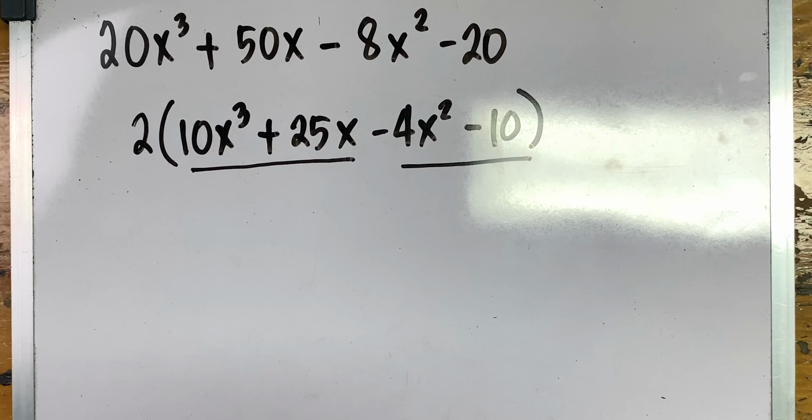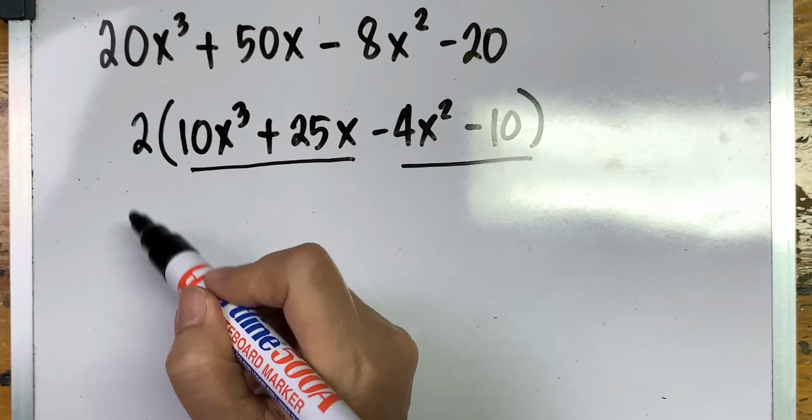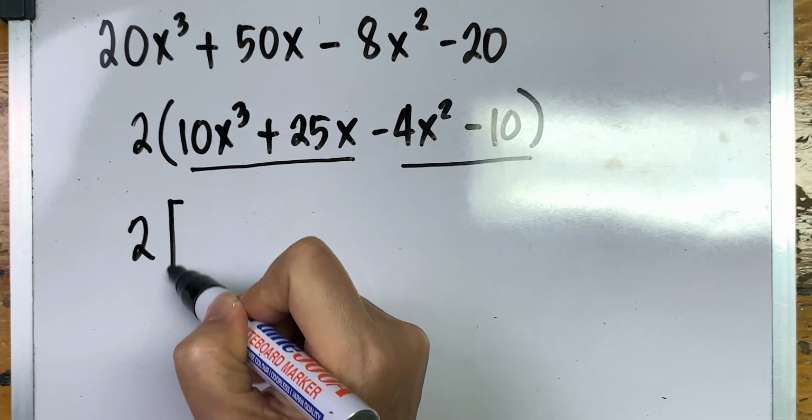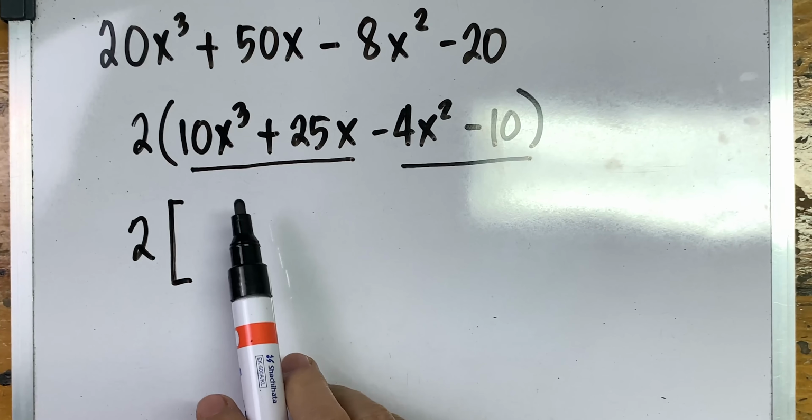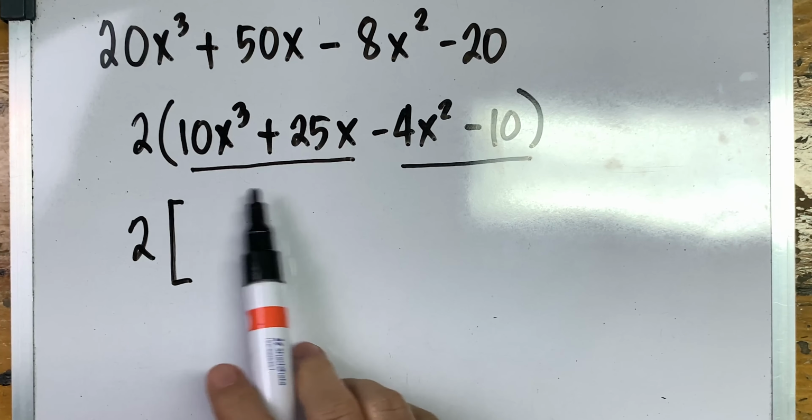So upon dividing the polynomials into two groups, we have to find the greatest common factor of the first group. Okay, we still have to put 2 here. So finding the GCF of the first group, we have 5x. So what is left will give us 2x squared plus 5.